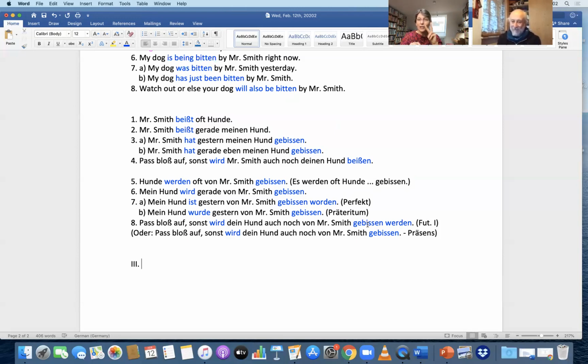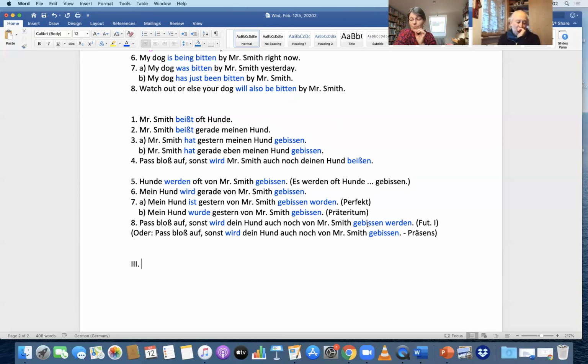Because English has 2 future tenses, the going to future and the will future, and German actually in some way has also 2 tenses because we use the present tense to express the future, but we have only one future tense, Futur 1 we say, and we construct that with werden as well.